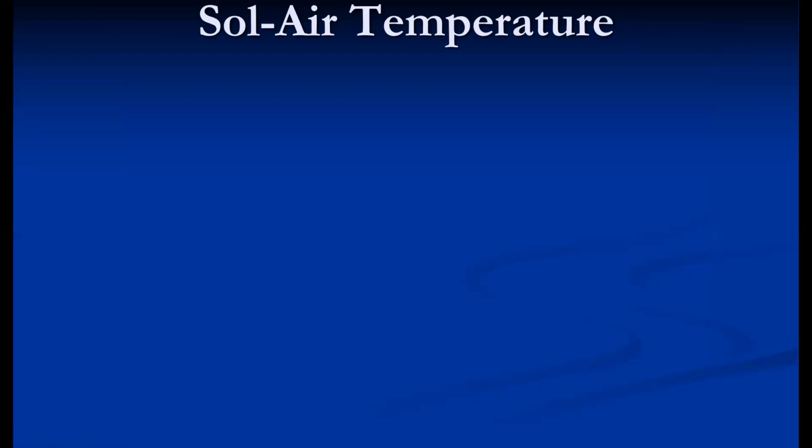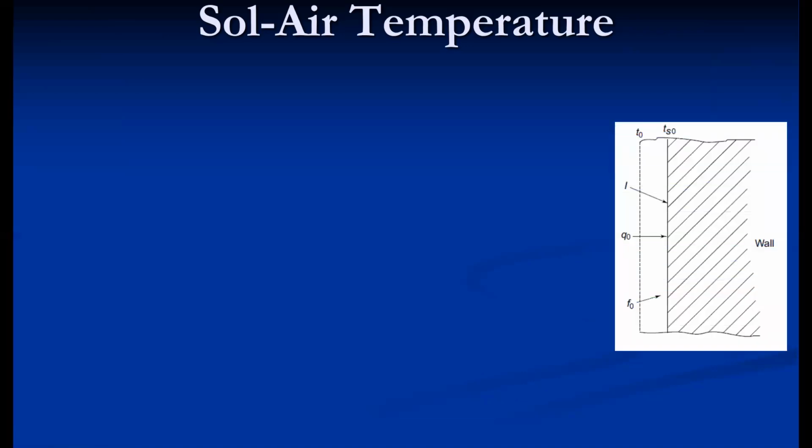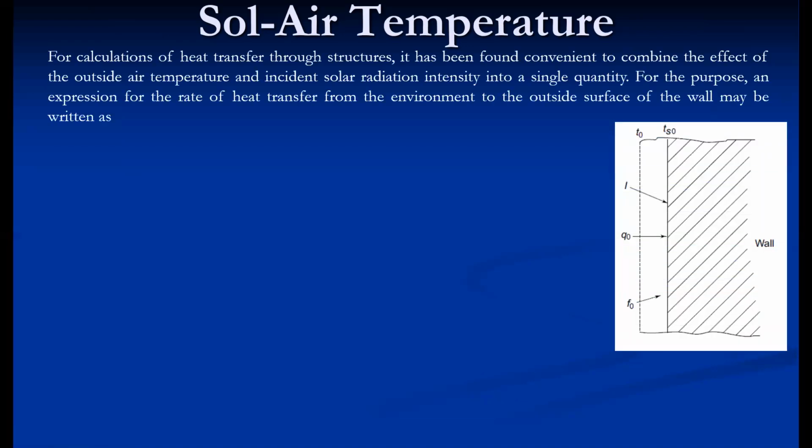Then sol-air temperature is one of the important terminologies, because for calculation of heat transfer through this structure, it has been found convenient to combine the effect of outside air temperature and incident solar radiation intensity into a single quantity.